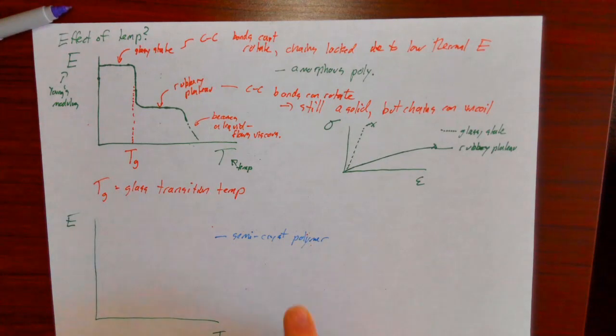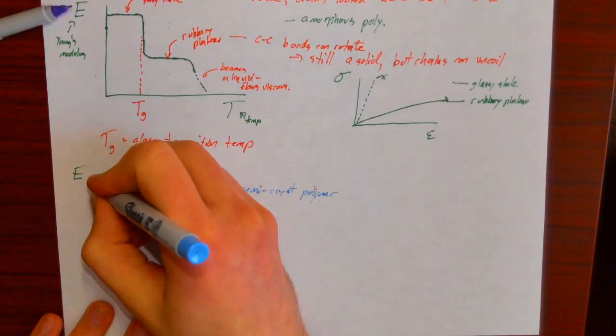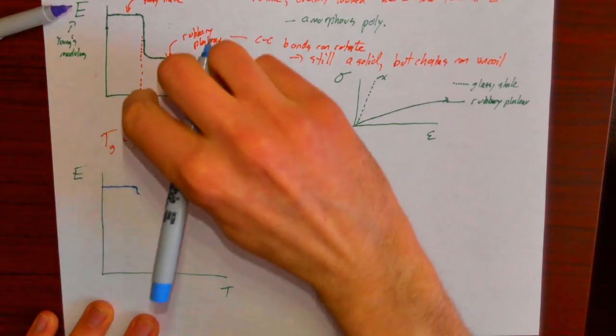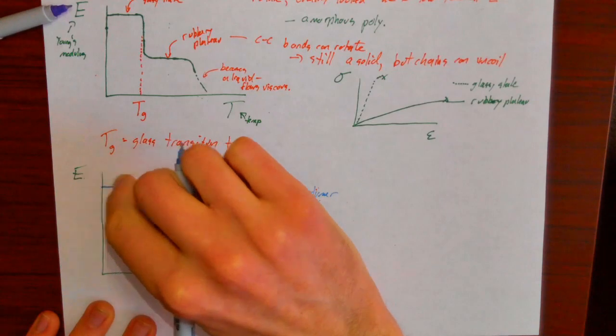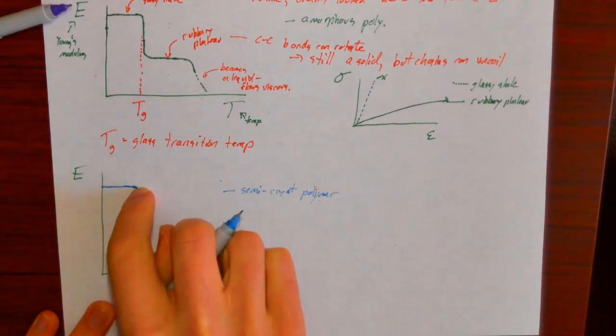So for a semi-crystalline polymer, we still have this glassy state right here, and it turns out we only get a little bit of a dip in terms of the stiffness at the glass transition temperature.